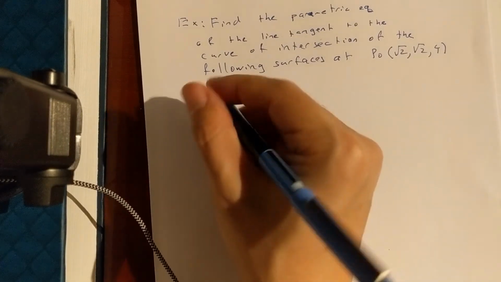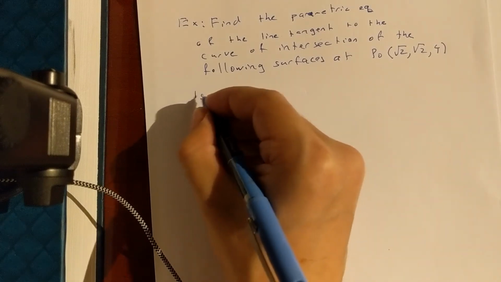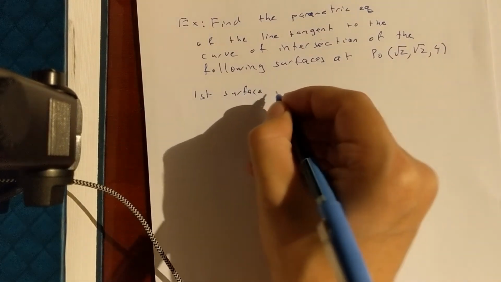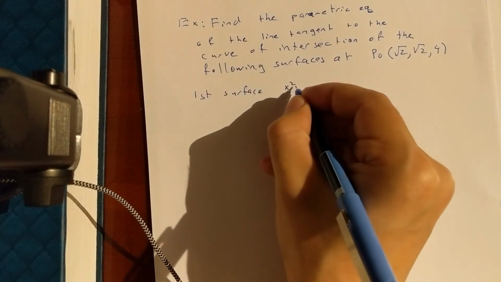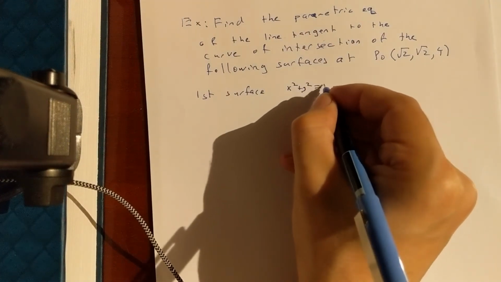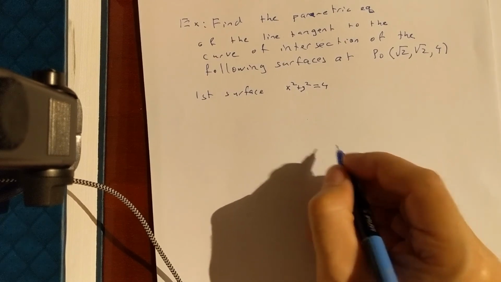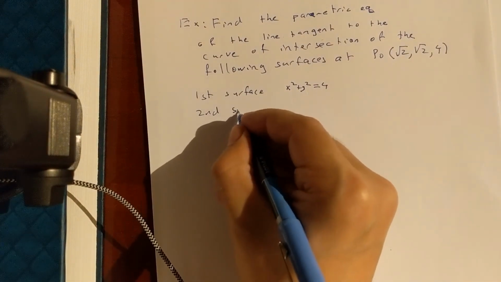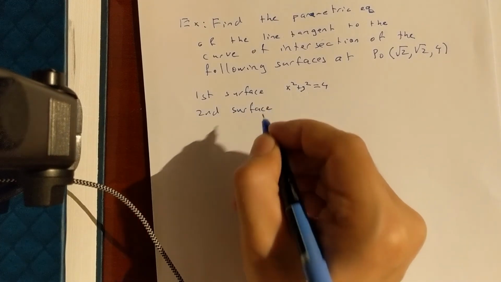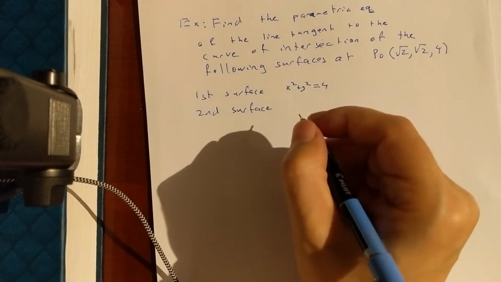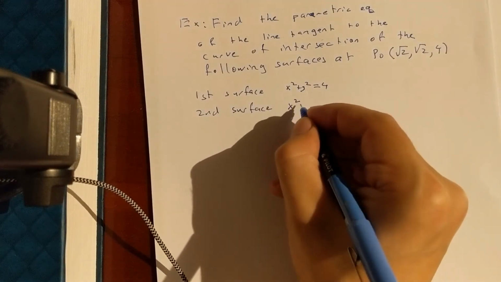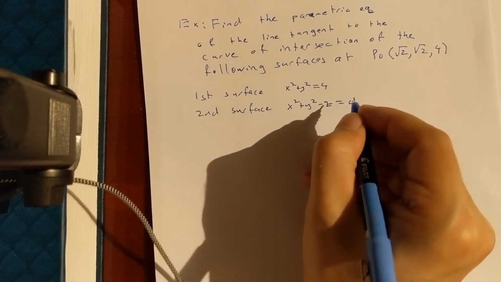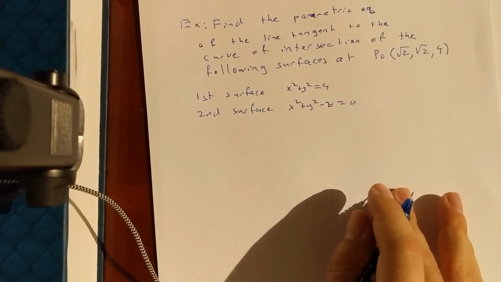So what is the first surface? My first surface is going to be x squared plus y squared equals 4. And the second surface is going to be x squared plus y squared minus z equals 0.